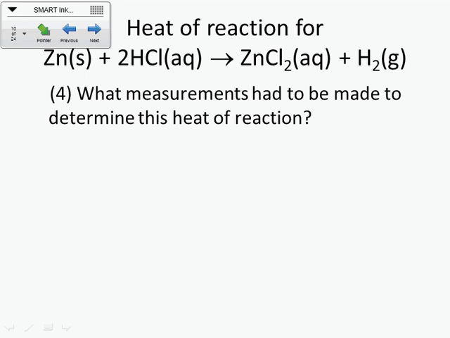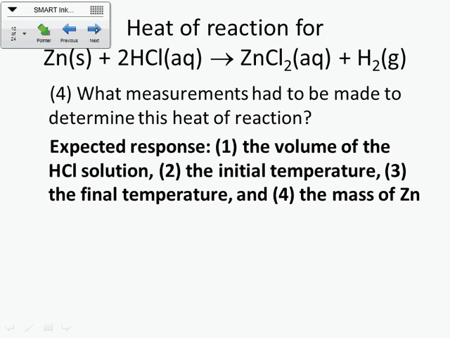You need to know the volume of your hydrochloric acid fairly exactly, right? Because that's going to help you figure out the total mass of your solution, okay? Volume of the HCl solution, initial temperature, final temperature. Okay, so we need the temperature change, which is basically those two things. And then the mass of the zinc.